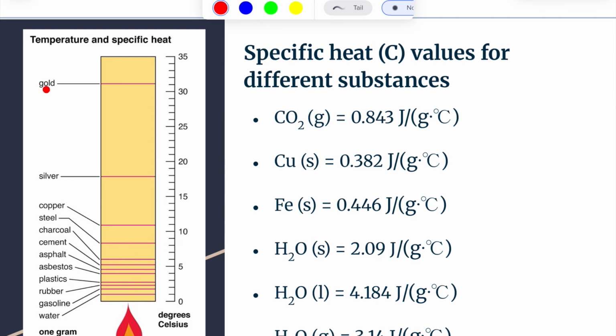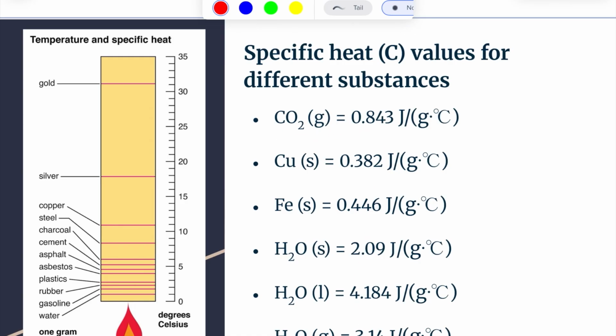And then we see gold, 1 calorie of energy is going to change 1 gram of gold by 31 degrees Celsius. And so that value of specific heat is different for different substances.